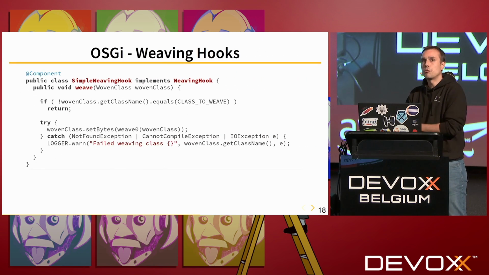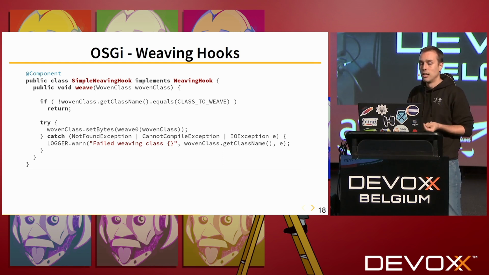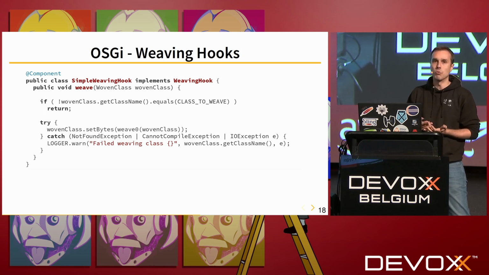If you're running in an OSGi environment, there is a solution that is very close to the Java agents programming model. It's called the weaving hook. And the API, the things that you get access to, are mostly the same. The woven class gives you access to the class name, the old class definition, the bundle, a little bit of metadata, because in OSGi, just like a modular environment like the JPMS, you have extra definitions about the module or the bundle that contains the class being woven.